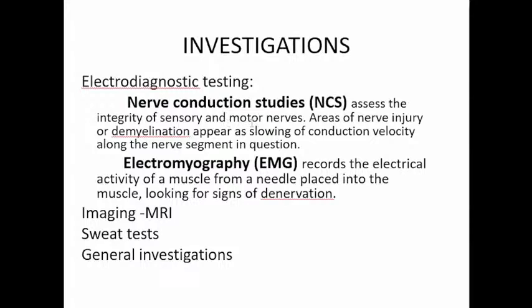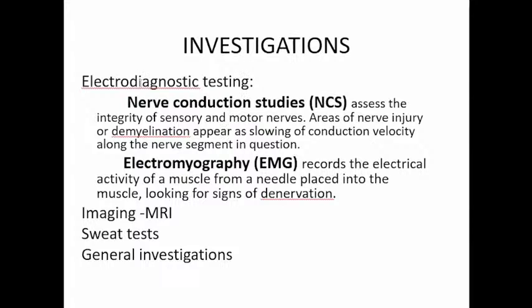If it's abnormal, then it will show you. EMG, electromyography, tests muscle activity. A needle is placed in the muscle and checks for denervation, so that if the muscle is affected, say by injury to the nerve or the muscle itself, then you'll find that there are abnormal waves that will appear.